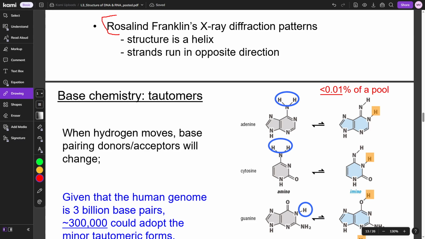I think it has to be like times 10,000. Yeah, so if you had 10,000 nucleotides, one of those is going to be one of these tautomers, essentially, and so that's kind of important to keep in mind when you're looking at these different DNA structures. How often does it show up? Not very, but it could. So something to remember.